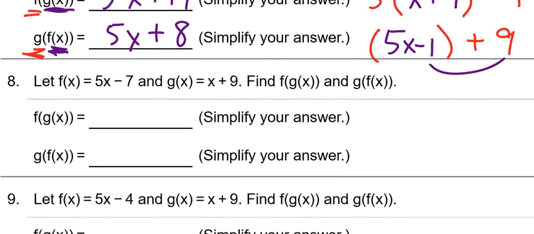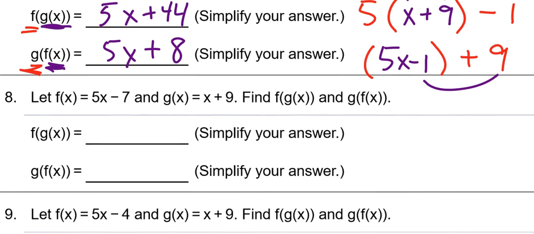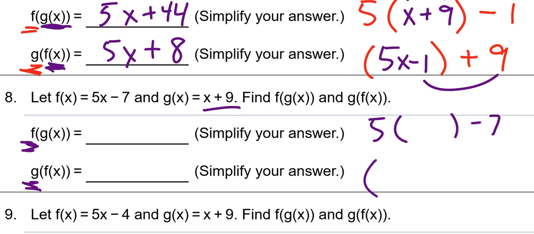Okay, so let's walk through that rationale again. The one on the outside controls what's going on. The one on the outside says 5 times whatever I plug in minus 7. The one on the outside for the second one says whatever you plug in, add 9. Okay? What are we plugging in? We're plugging in g of x, which is x plus 9. What are we plugging in here? 5x minus 7.